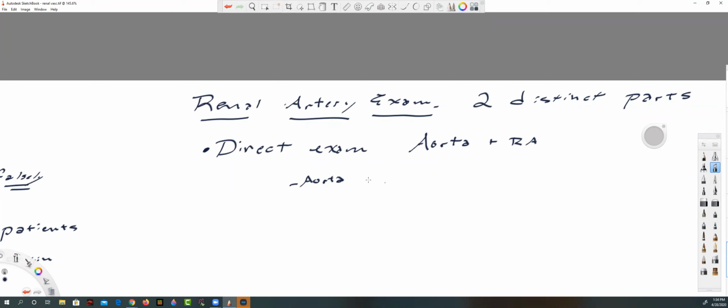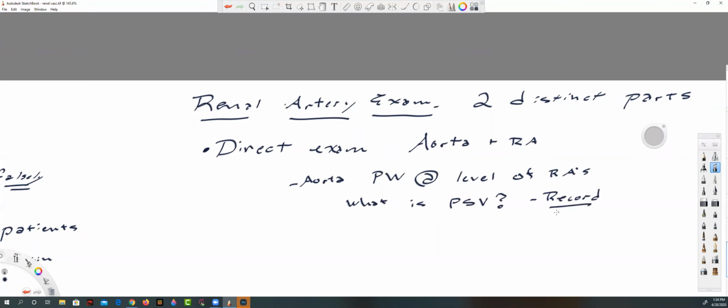But what you really want is a pulse wave at the level or just above the level of the renal arteries. In other words, what you're really wanting is peak systolic velocity. And we're going to record this.